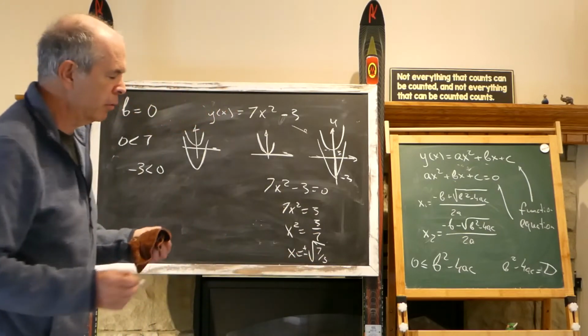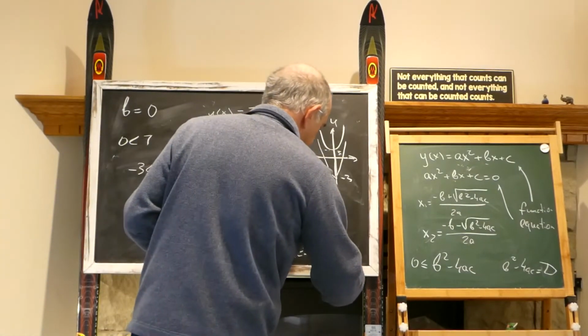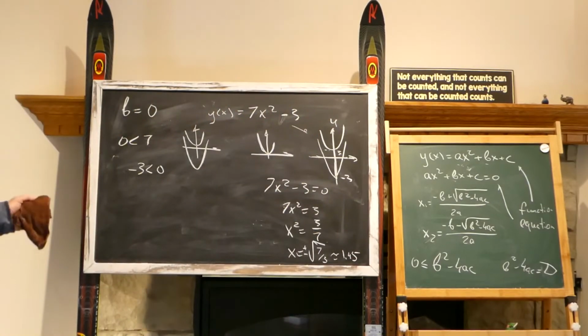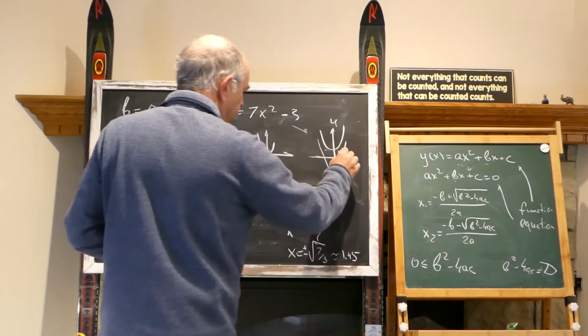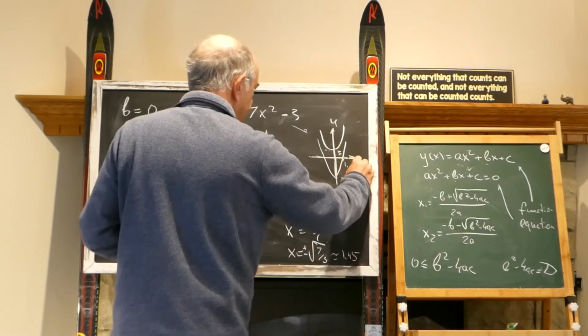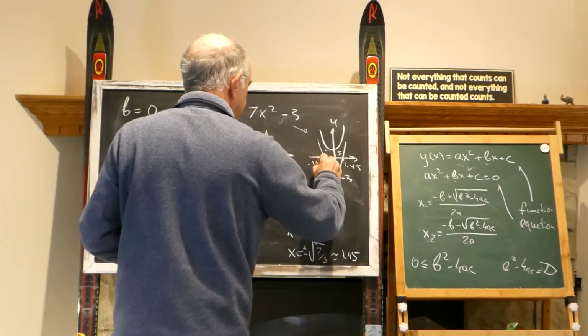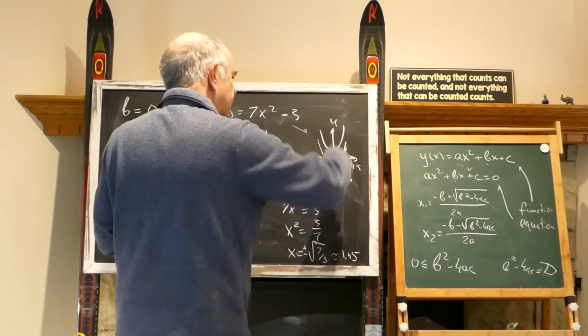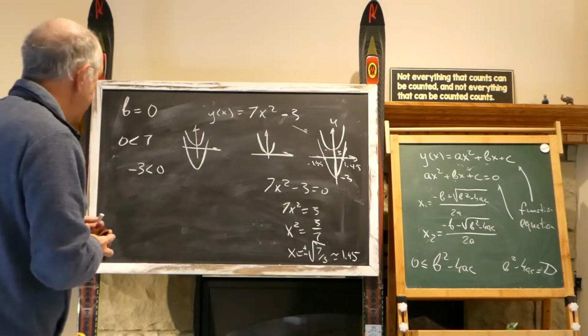Put the square root of 3 over 7, it would be roughly 0.65. So this would be 0.65, and this would be minus 0.65, roughly. And this would be this parabola, up, moved down, right?